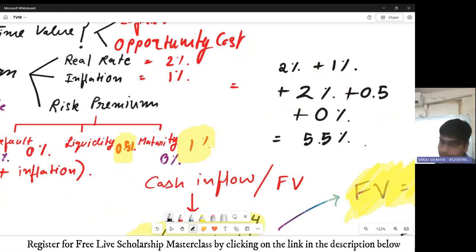You're understanding? Clear everything? ठीक है, now this calculation that we did, इसका जो inflation and real rate का return part है, this is an approximate calculation.